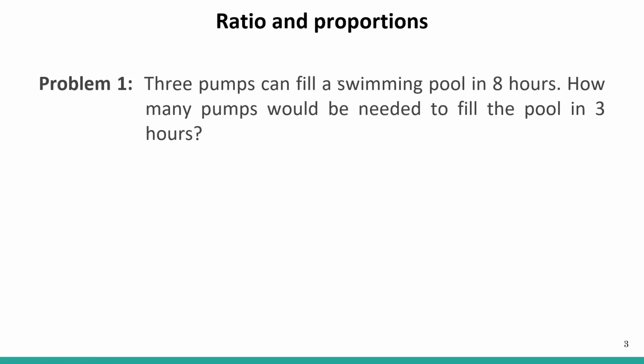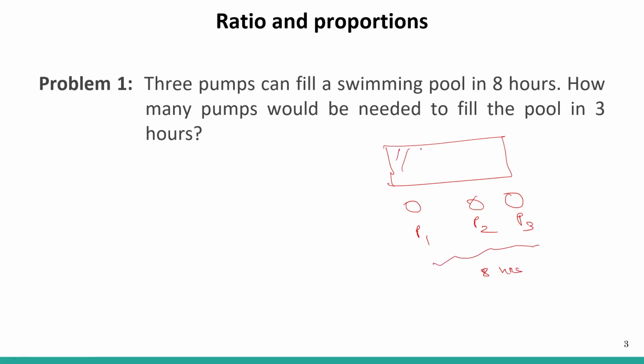There are 3 pumps that can fill a swimming pool. So you have a swimming pool. There are 3 pumps, P1, P2, P3, and cumulatively they take 8 hours to fill the swimming pool.